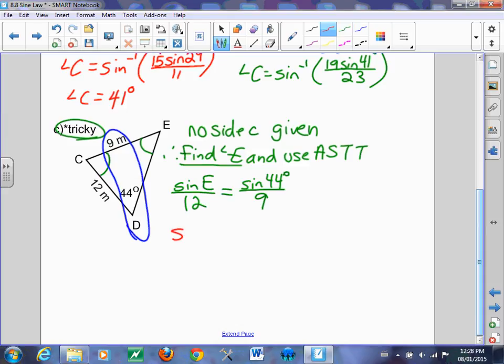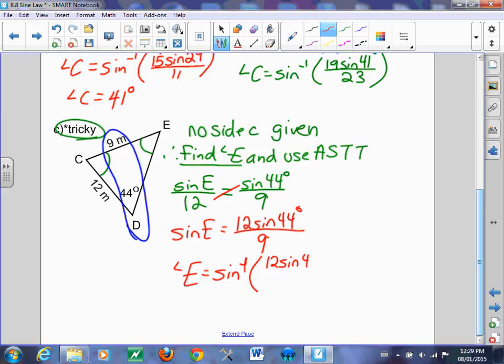So sine E equals the opposite cross, 12 sine 44 divided by 9. Now I know I'm doing this in the video and I'm going pretty quick. Please pause the video and make sure you can plug this in your calculator. So angle E equals the sine inverse of 12 sine 44 degrees divided by 9.